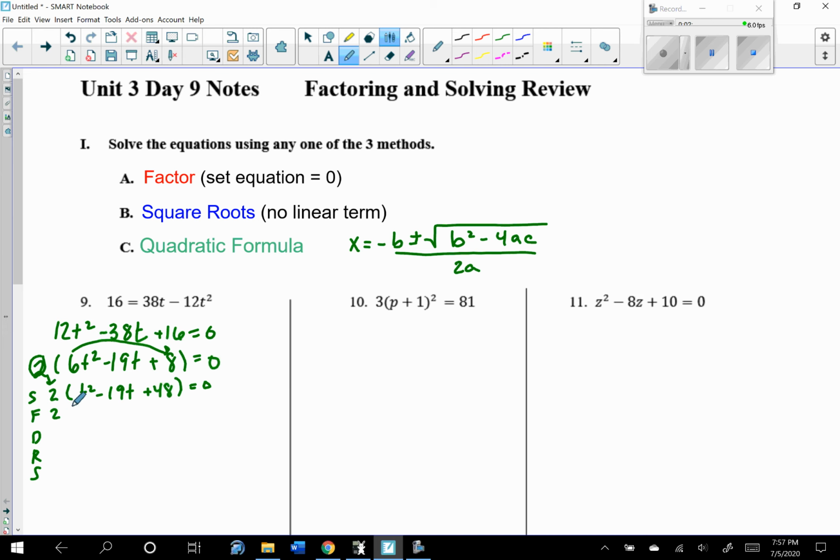So those are going to be our two factors. So we have t, and for this, since this is plus and this is minus, both the middle terms are minus, so t minus 16 and t minus 3, because negative 16 times negative 3 is positive 48. Negative 16 plus negative 3 is negative 19. And then remember, if you move that first term, you have to divide it back out.